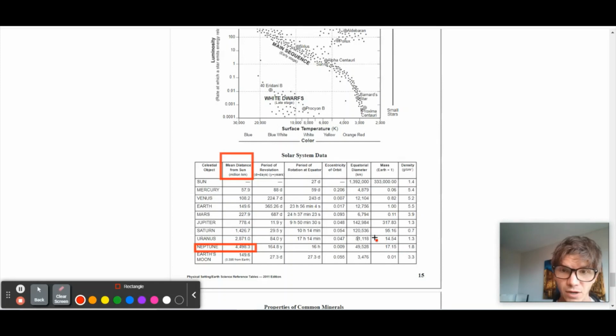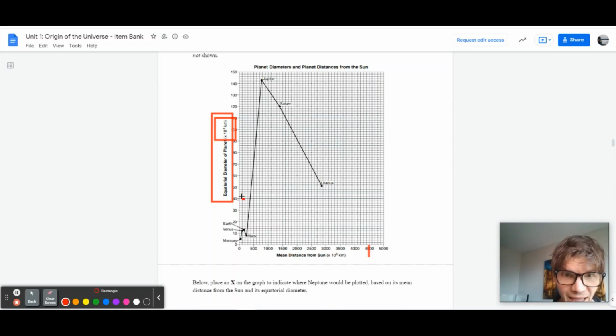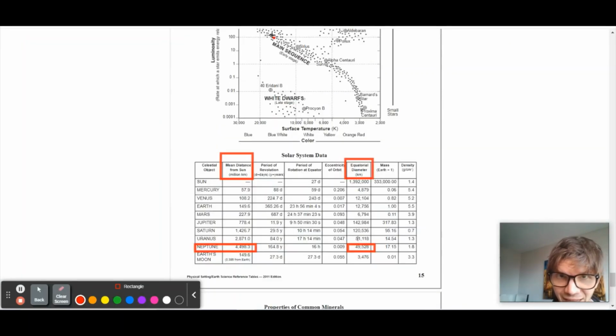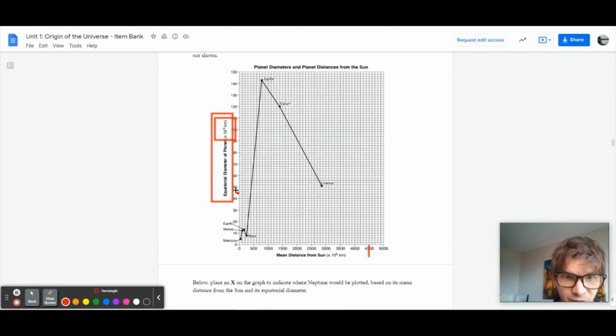So when we're looking here, we see that the equatorial diameter is 49,500. So I'm going to divide that number by 1,000 and plot that: 49.5. So that's going to be 40 right underneath 50. 49.5 is halfway there. So there's my mark.